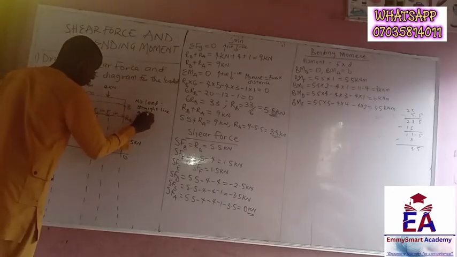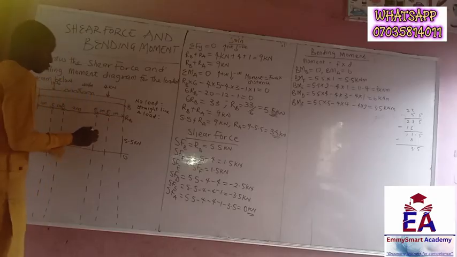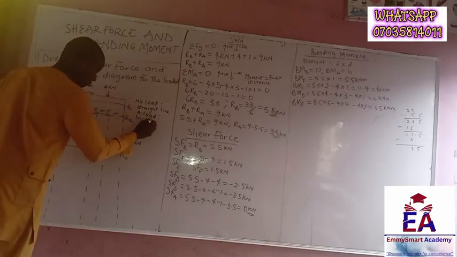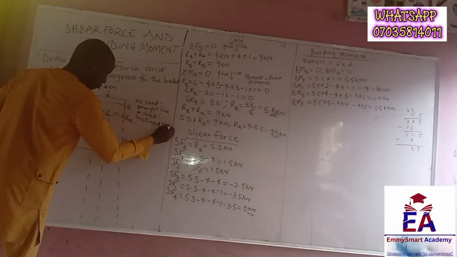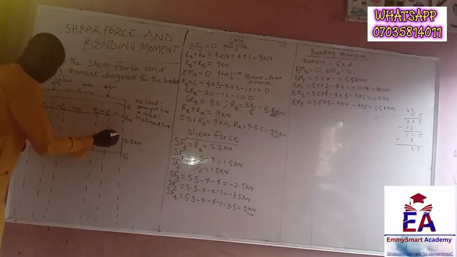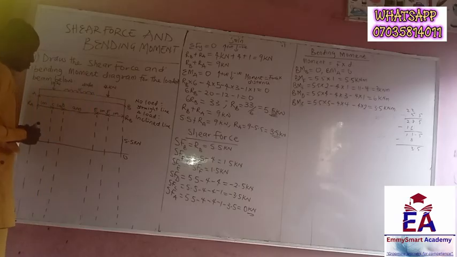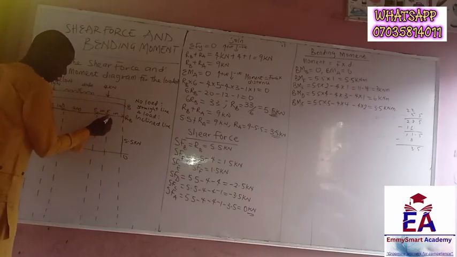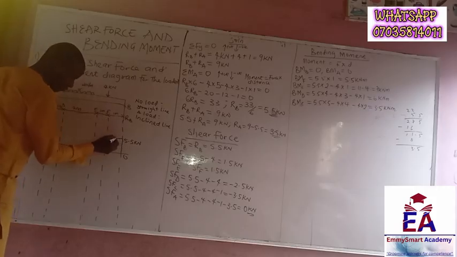Where there's a load, then we'll put what? An inclined line. So we have this as 5.5 and there's no load here, right? So I'm going to move straight.